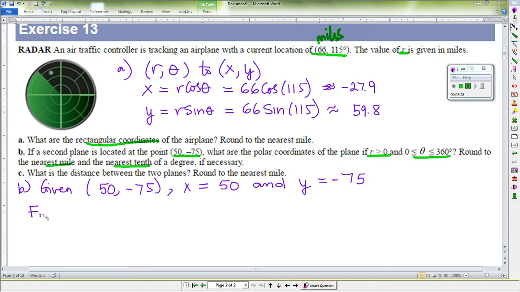Now we are going to find the angle theta. We are going to use tangent, the inverse of tangent. So theta equals inverse tangent of y over x.